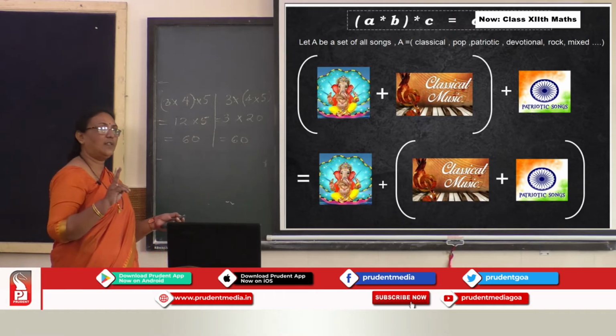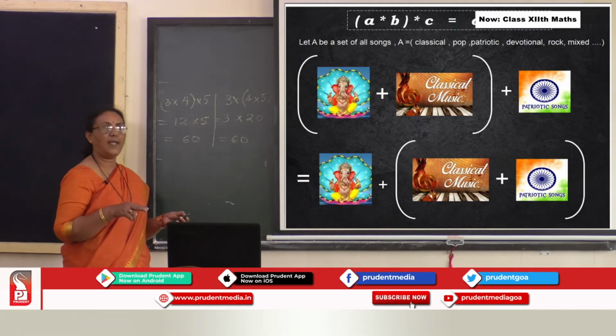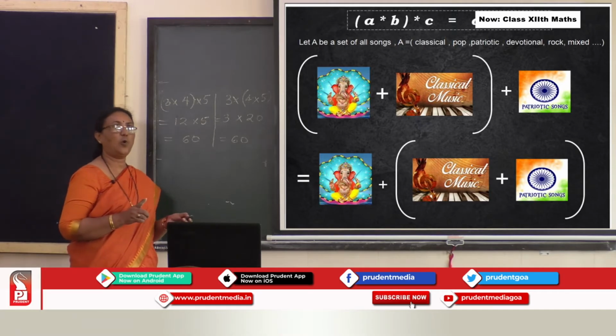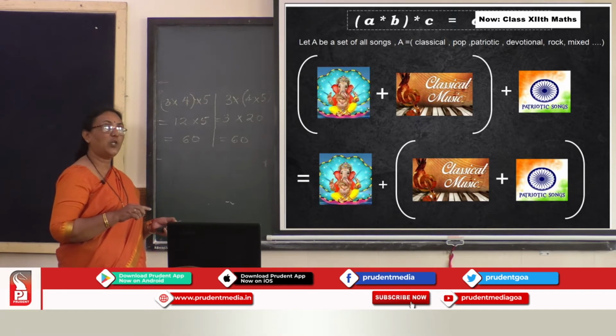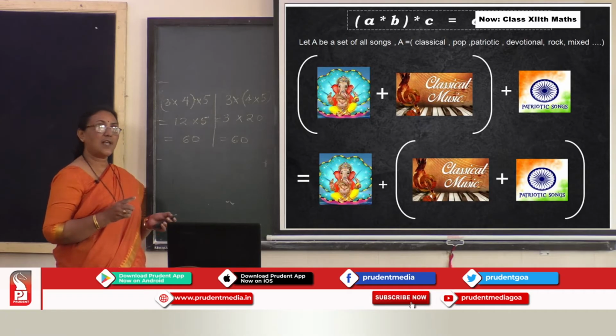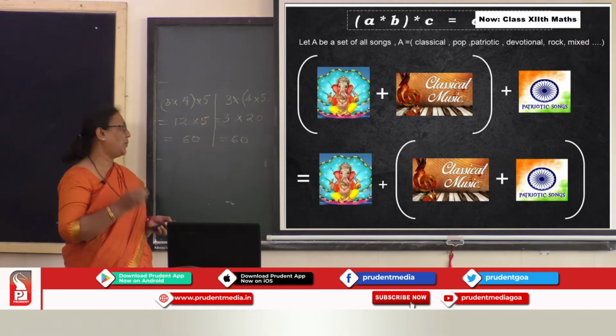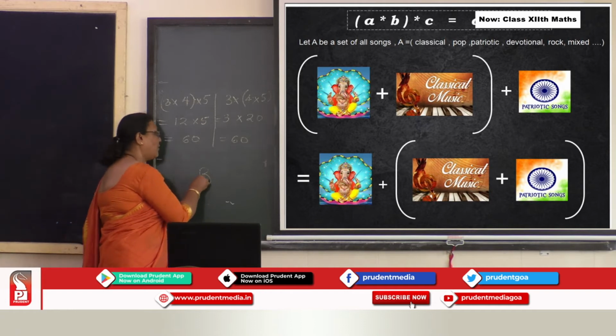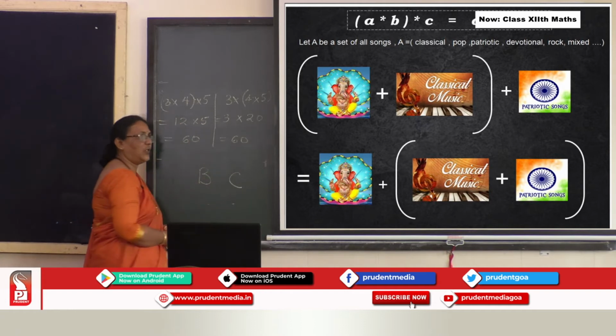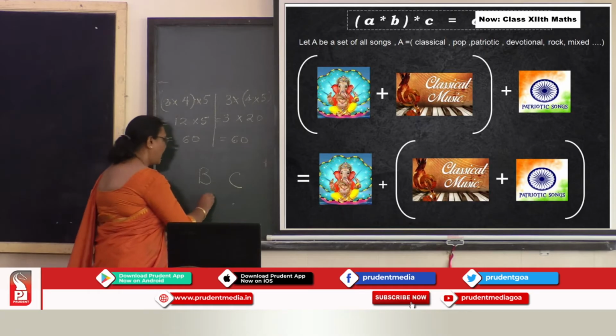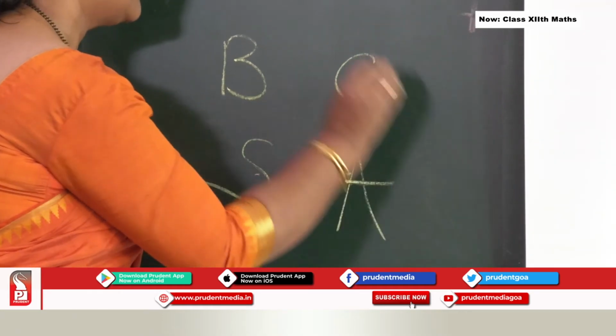When it is two things, A star B, B star A, it is commutative. Don't get mixed up between commutative and associative. Students are writing this, but at the end they are writing it wrong. So you remember that I had given you all the example of the Bachchan family, that is commutative. I had given you all the example of songs, three different types of songs, that is associative.